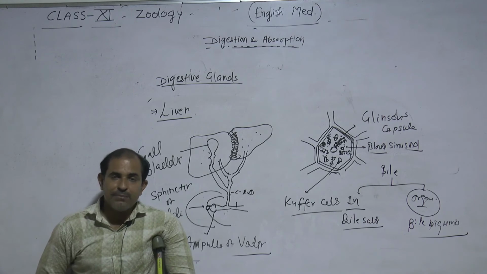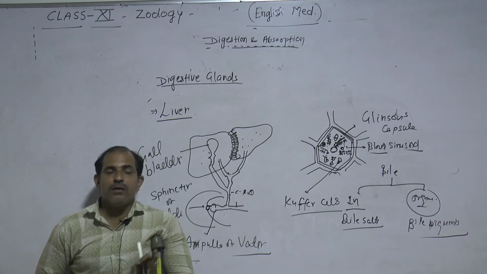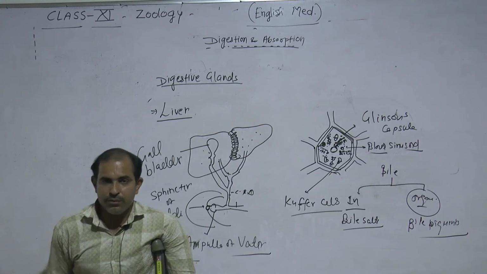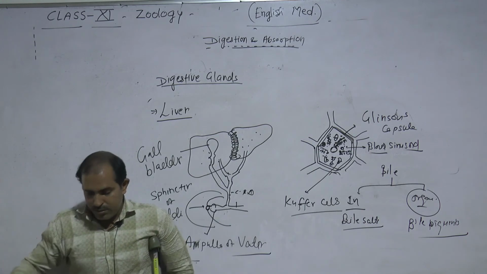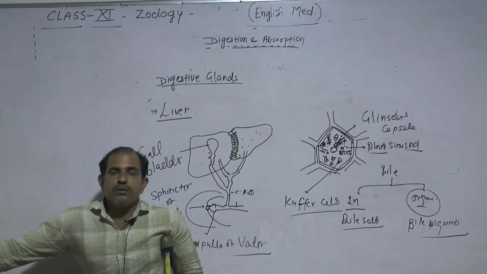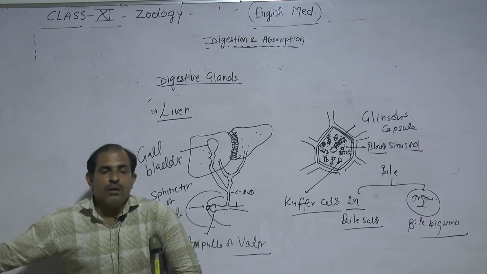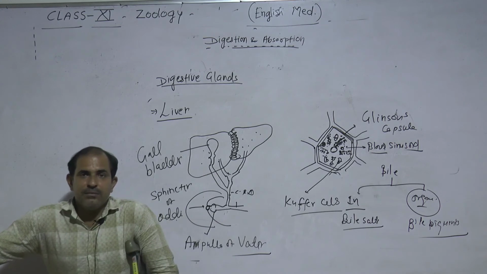Because the enzymes of the pancreas, the pancreatic enzymes, work in a basic medium, but the food which comes into the small intestine or duodenum is acidic, because an acidic medium is present in the stomach, and when the acidic food enters the duodenum, it cannot be digested, it must be basic.